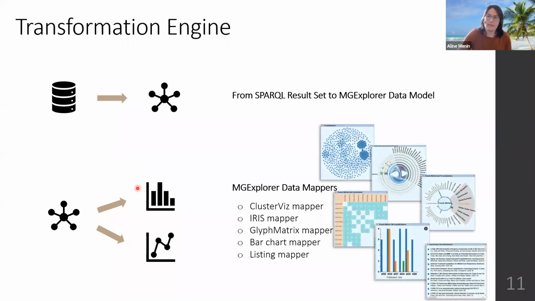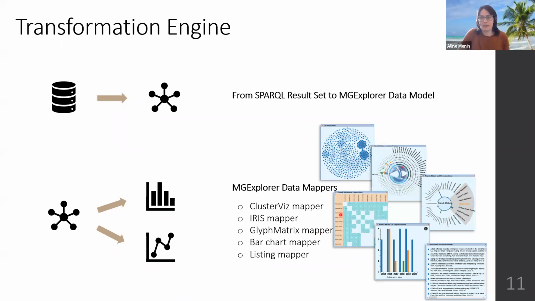And we have basically six, so far we have 6 visualization techniques. We have the node link diagram, which is the initial visualization. We have the cluster views that allow us some clustering analysis. We have the iris visualization, which gives us information about pairwise relationships between an item, an author that will be in the center here, and then the relationship with all of the other items in the dataset.